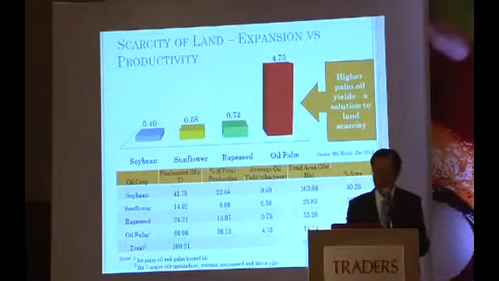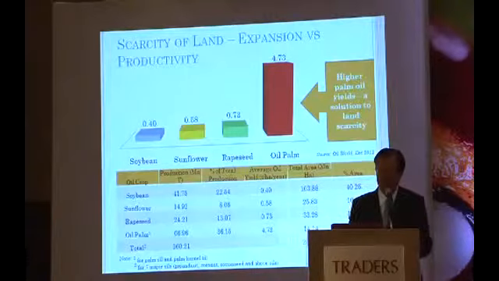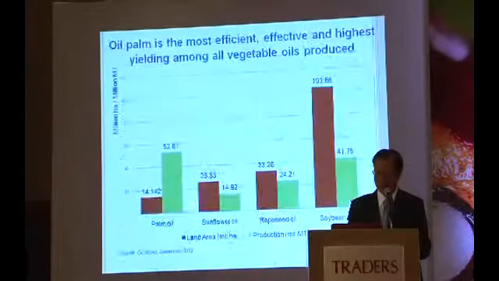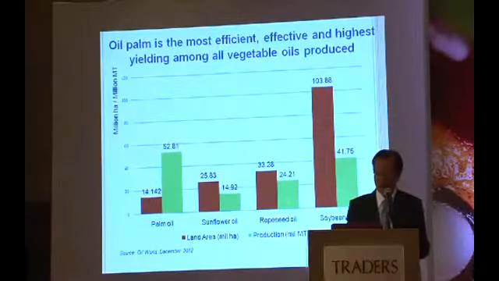But simply because this is affordable or allowed to happen because of the high yield of palm, as you can see, it is high yield relative to the other oils like soya.